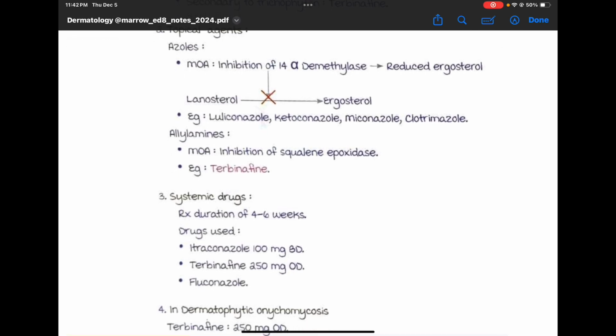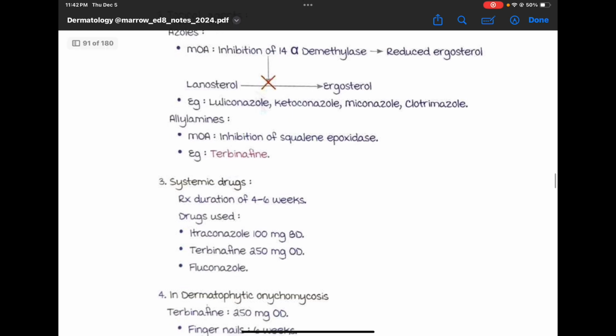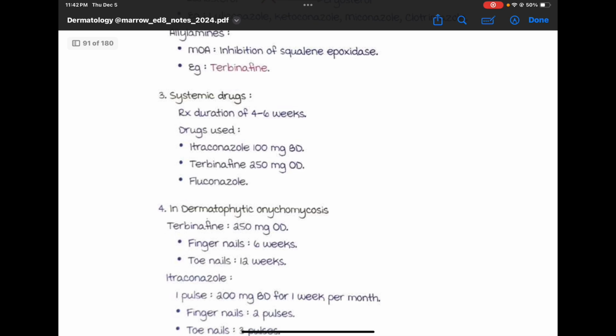Examples: luliconazole, ketoconazole, miconazole, clotrimazole. Allylamines. Mechanism of action: inhibition of squalene epoxidase, for example terbinafine.